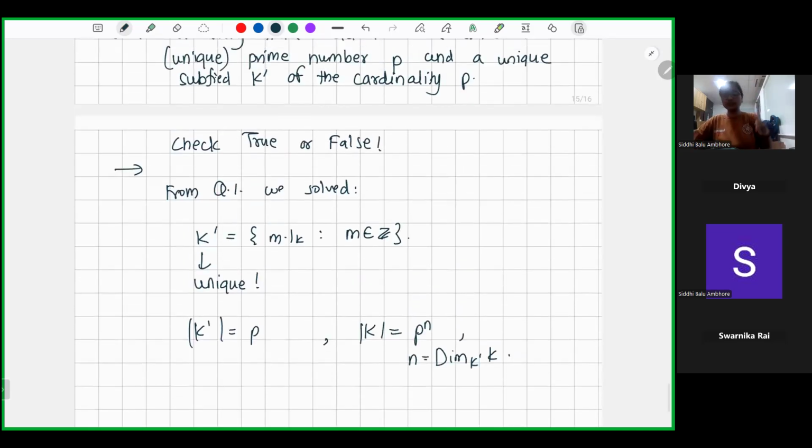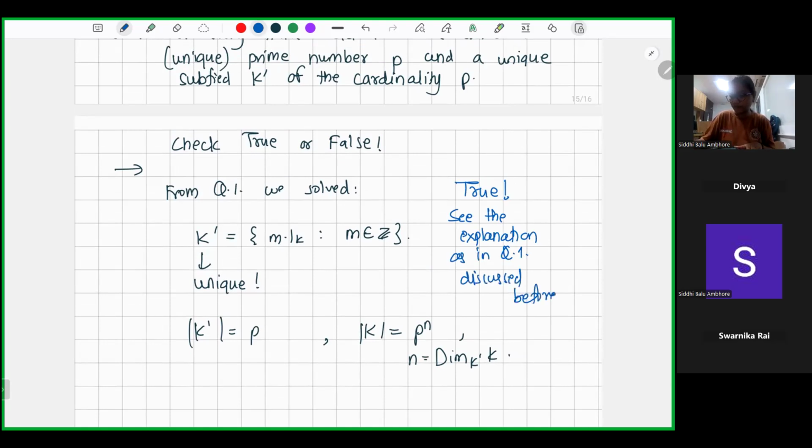So this is true, see the explanation as in question 1 discussed before. What we did in the first question is exactly what they are asking here.